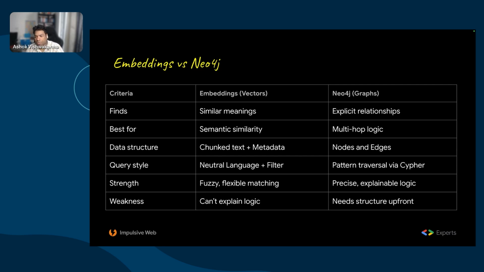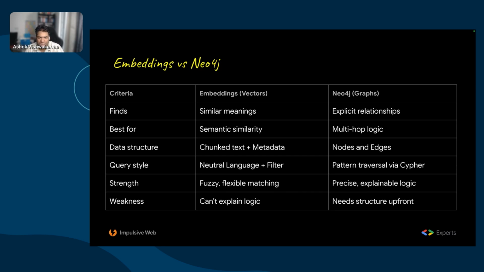But if you want to go on a relationship side, where you want explicit and implicit relationships available within your answer so that you can form better answers, then the graph would be much more suitable. Similarly, with semantic similarity versus multi-hop logic, you just want to deal with chunk text plus metadata rather than nodes versus edges, right? All those specific aspects around that.